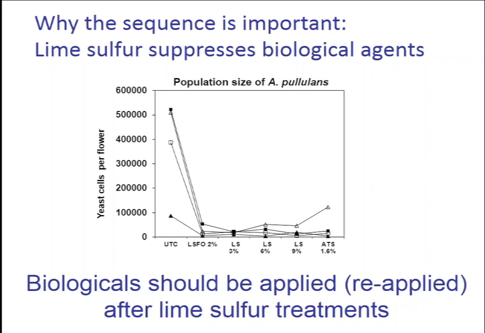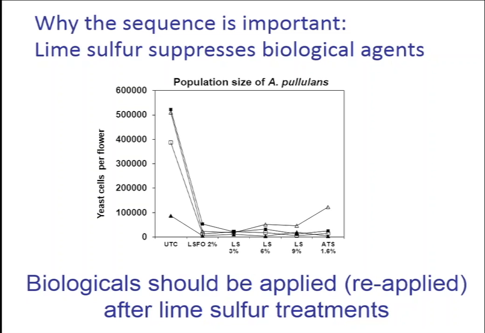But you can see that in the process of putting this material on top of a biological agent, such as Blossom Protect or Bloom Time Biological, or the fire blight pathogen, we're doing a pretty good job of smashing on them pretty good. That's the best way to describe that. And so we're taking populations down pretty far.